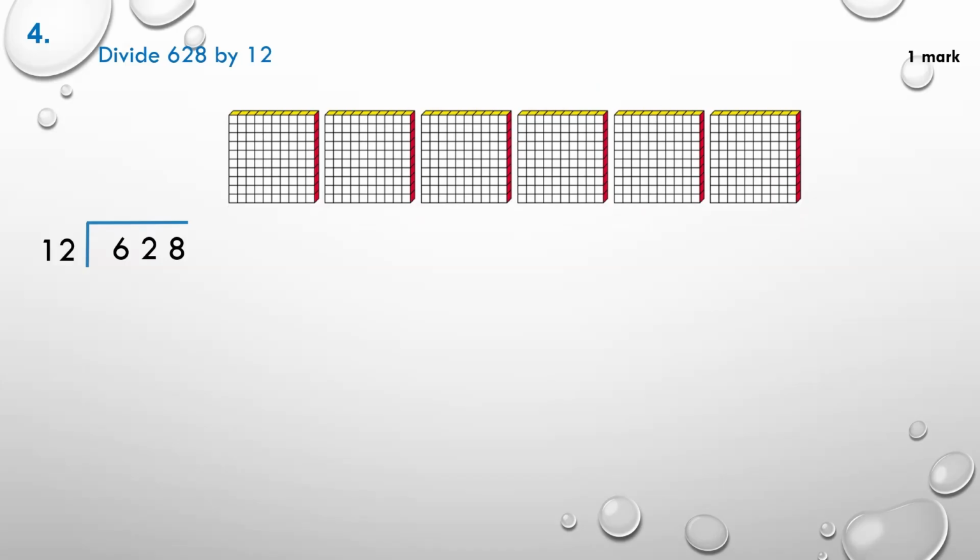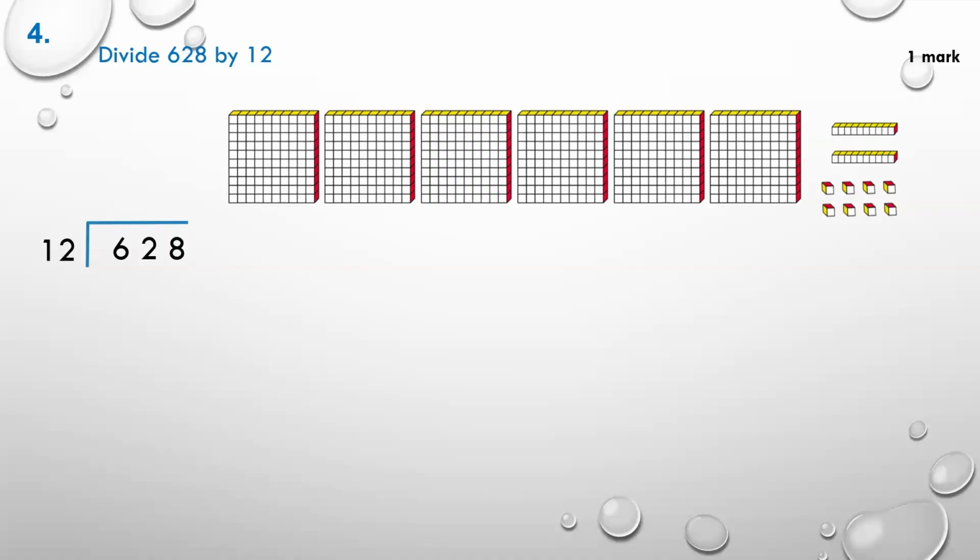And then we have 2 tens, so we could pull out a rod of 10 and another rod of 10. So 2 tens are 20. And of course, 8 units to represent 8 ones. So this tells us 628.